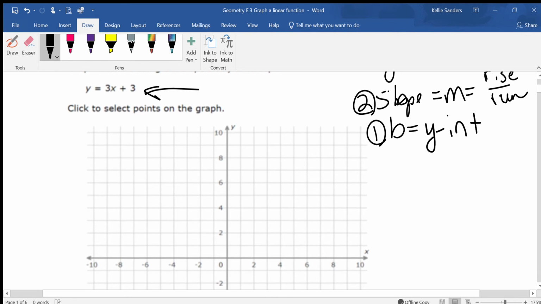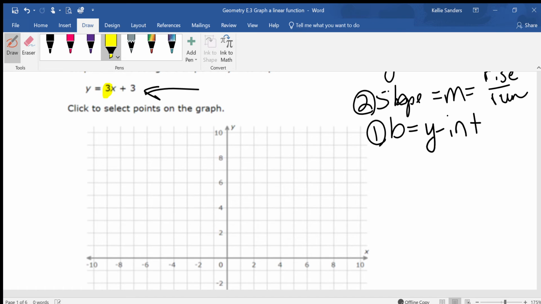So on this, I apologize, I shouldn't have used the same number both times, but your m is 3 because it's the number that's in front of the x. Remember, m is slope and m is rise over run. You have to have a fraction if you're graphing slope.